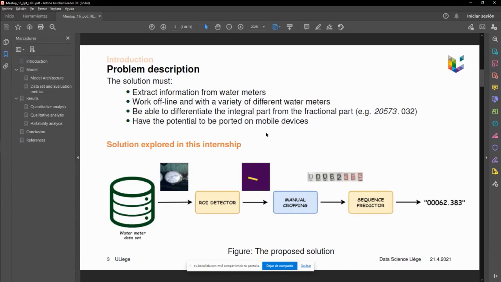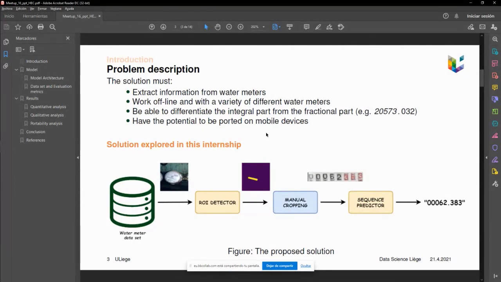And finally, this application should be easily portable to mobile devices, which entails that this application had to have a very low memory footprint. And as you can imagine, developing AI or machine learning techniques with a low memory footprint is not always feasible or is challenging.